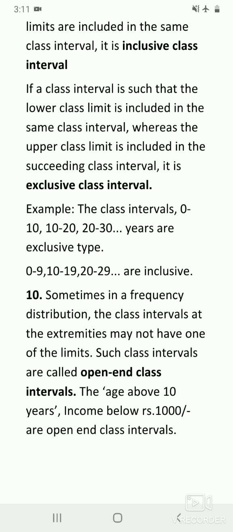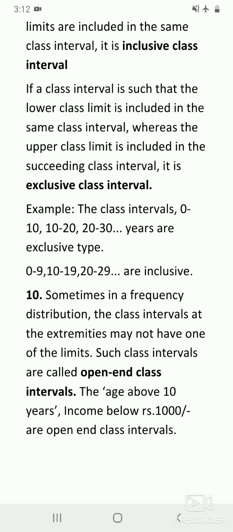In the next example, the class intervals are 0 to 9, 10 to 19, 20 to 29, then 30 to 39, etc. So these are inclusive. You can see in the first interval, the lower limit is 0 and the upper limit is 9. But in the next interval, the lower limit is 10, here it is not 9.